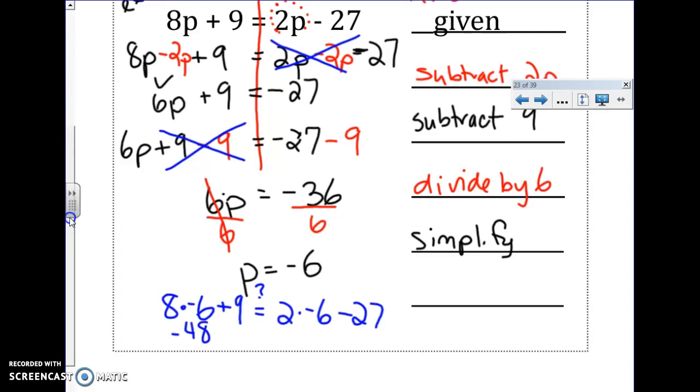Negative 48 plus 9, is that the same thing as negative 16? Sorry, not 16. Negative 12 minus 27? And the answer is, I think I might need a calculator. I'm just lying. Negative 39 equals negative 39. Check. All right.